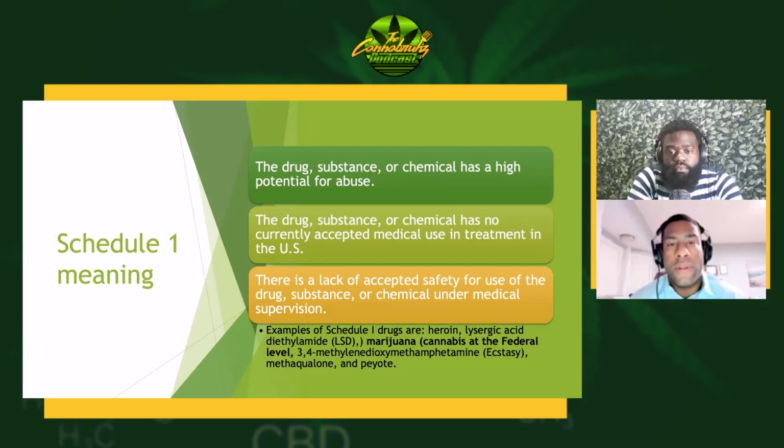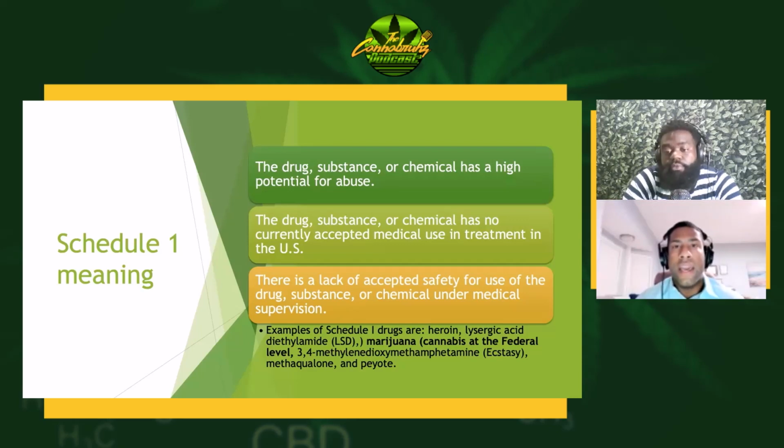The determination for a Schedule 1 drug is that it's a drug, substance, or chemical that has a high potential for abuse, or has no currently accepted medical use or treatment in the United States, or there is a lack of accepted safety for use of the drug, substance, or chemical under medical supervision.